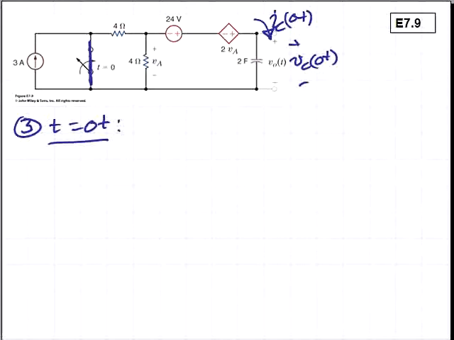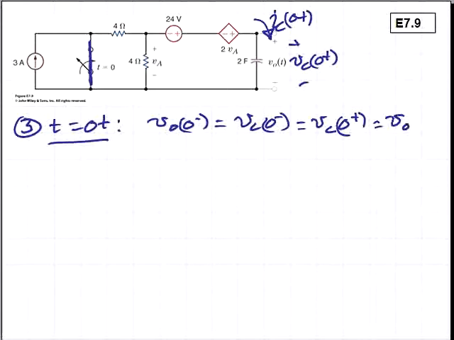So we'll use the concept that VO at 0 minus is equal to the capacitor voltage at 0 minus, which will be, by continuity of that capacitor voltage, the capacitor voltage at 0 plus, and that is equal to our variable V sub O at 0 plus. So we can say therefore VO at 0 plus is just what we discovered in the previous step, 60 volts.